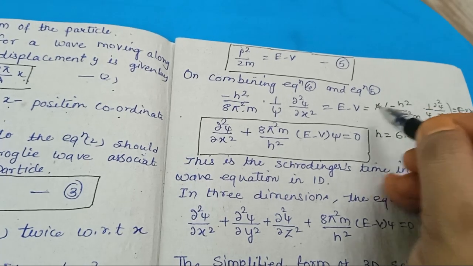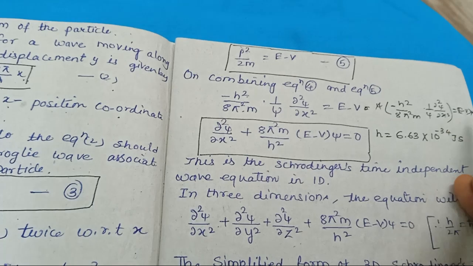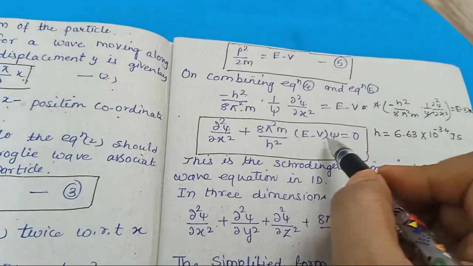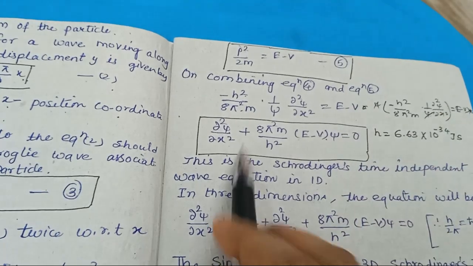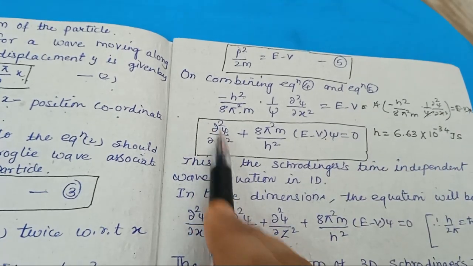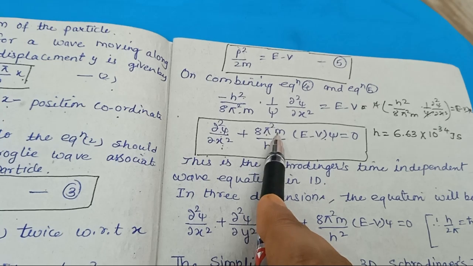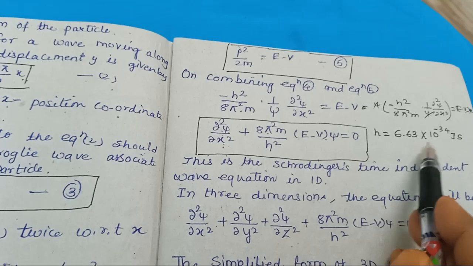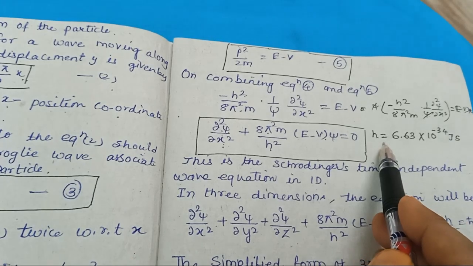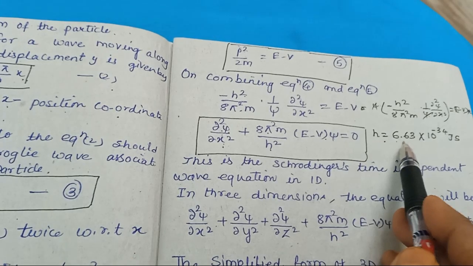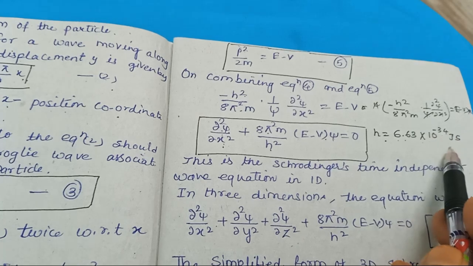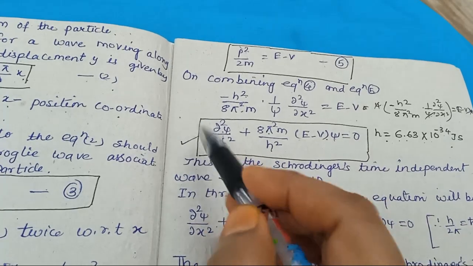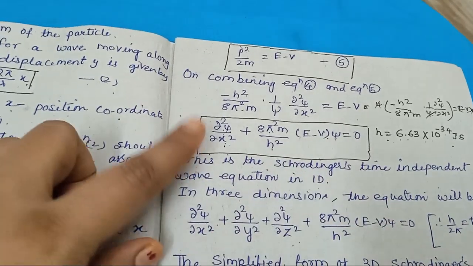Psi is cancelled, and we get del 2 psi upon del x square plus 8 pi square m upon h square into (E minus v) psi equal to 0, where h is Planck's constant, with value 6.63 into 10 raised to power minus 34 joule second. This is the Schrodinger time independent wave equation in one dimension.